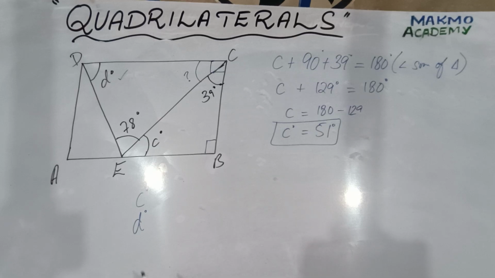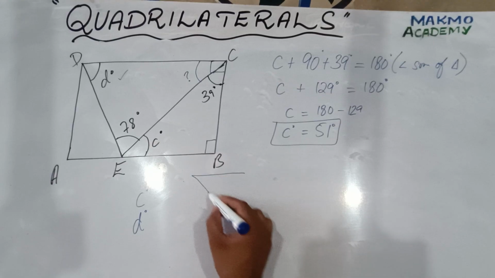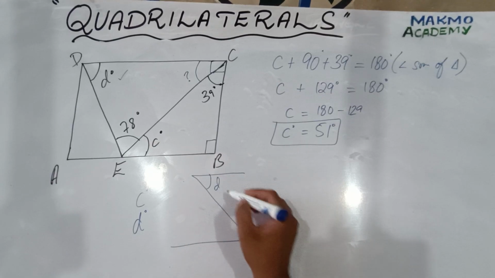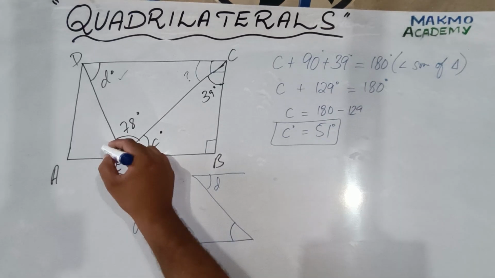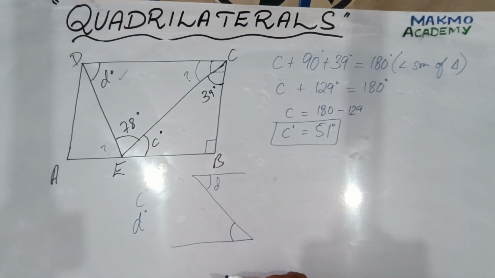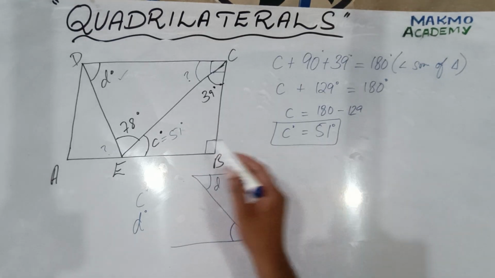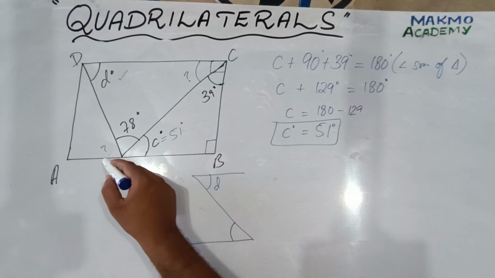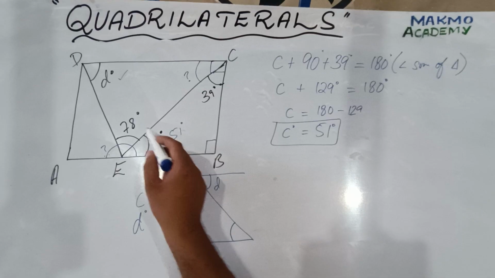Yes, there are many ways to find angle D. Angle D is lying over here and it is an alternate angle. If we know the size of this angle, then angle D is alternate to it. This is one way, and whatever is convenient, we can use that method. Since we also know the size of C, C, 78 and this angle all lie on a straight line, so their sum is equal to 180.